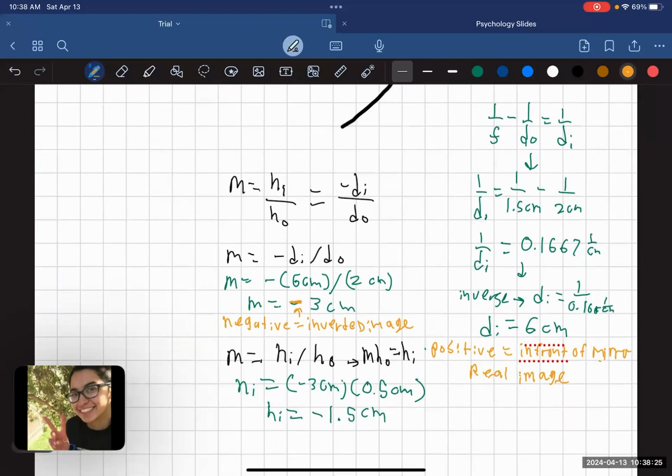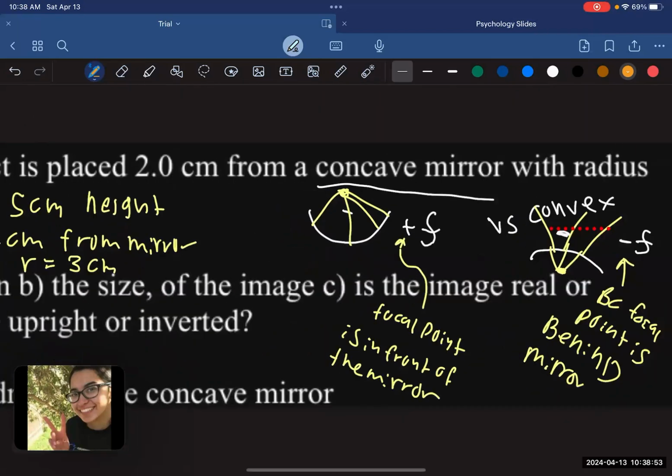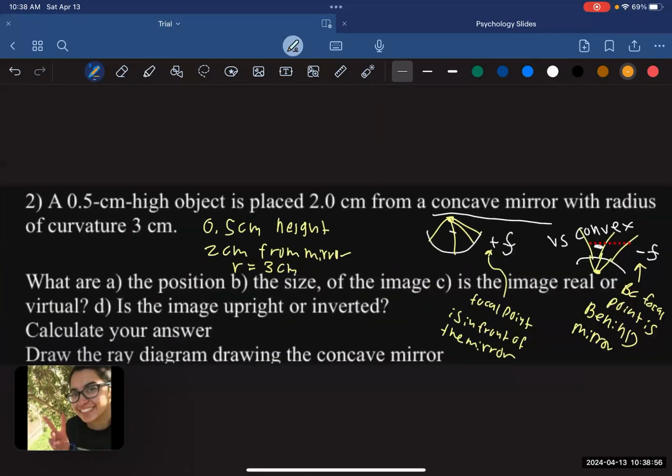Because we have a negative here, it means that our image is inverted. Cool. So then let's see. The question itself was asking for position. Let me use a different color.